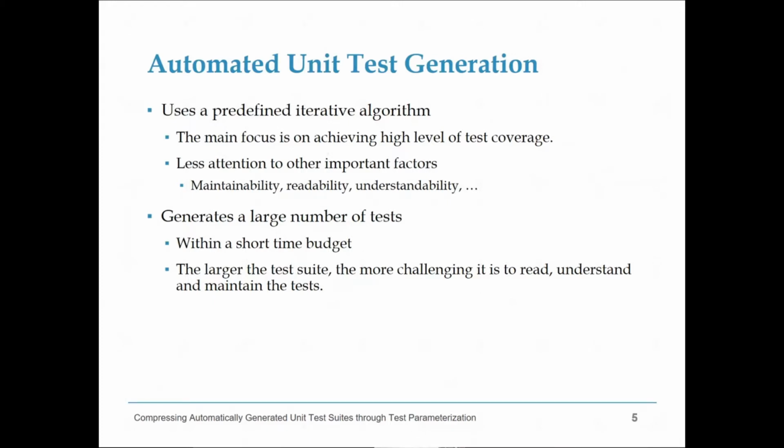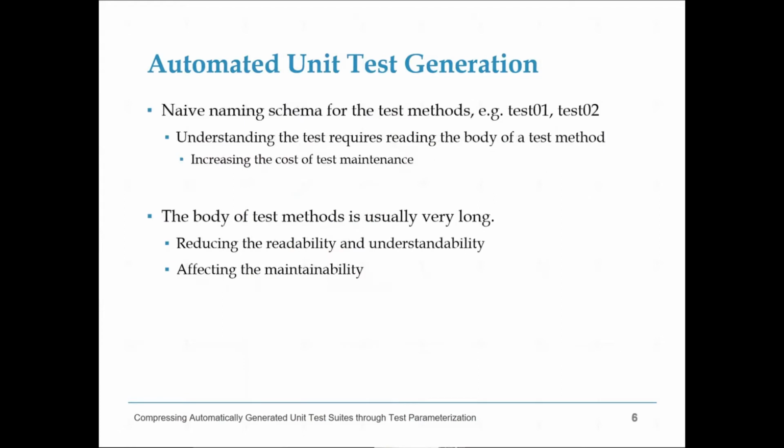Also, automated unit test generation generates a large number of tests within a short time budget. And the larger the test suite, the more challenging it is to read, understand, and maintain the tests. Another point to mention is that automated unit test generation has a naive naming schema for the test methods, for example, test01, test02.